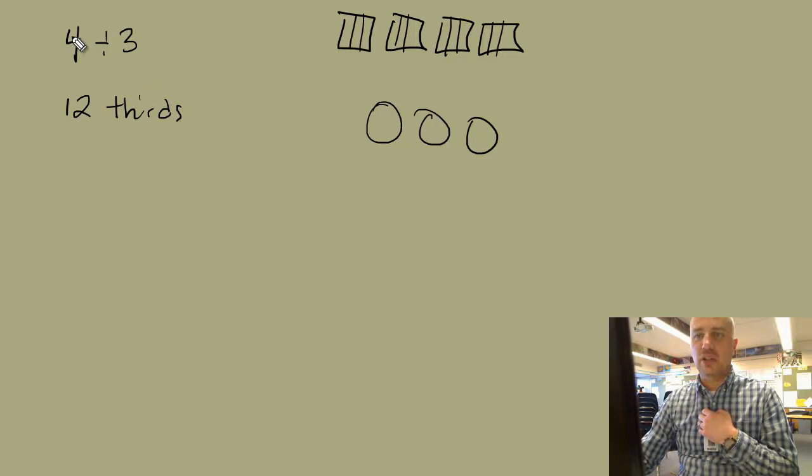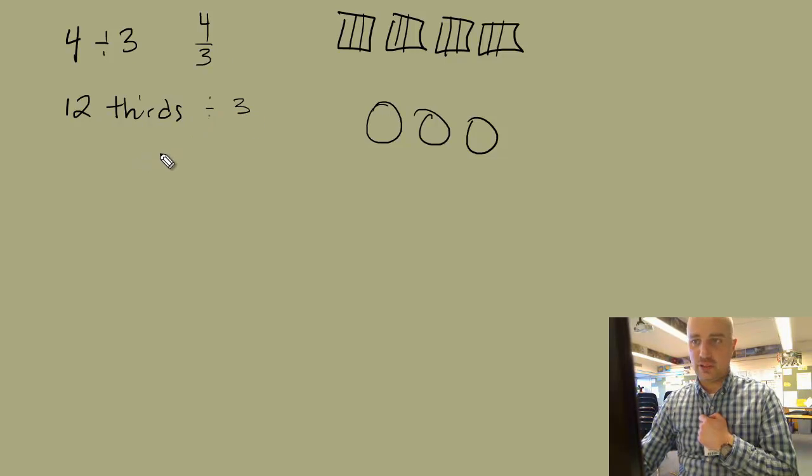We picked thirds because this is 4 divided by 3, and we're asking how many thirds we have. We have 12 of them because we counted them up here, so I have 12 thirds, and I'm going to divide that by 3, and 12 divided by 3 equals 4, and how many thirds?